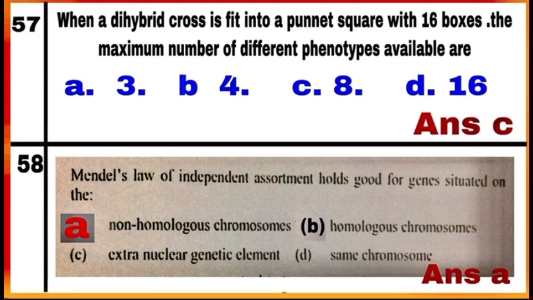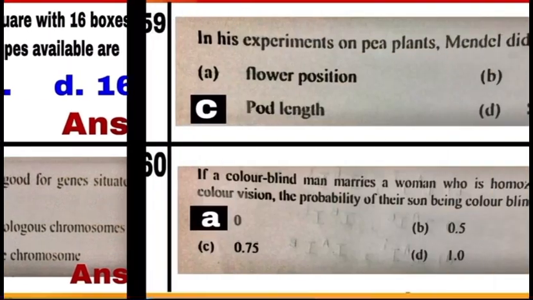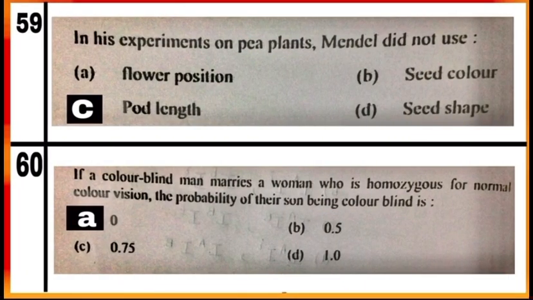Question 58. Mendel's law of independent assortment holds good for genes situated on the non-homologous chromosomes. So here mark A as a correct answer. Question 59. In his experiments on pea plants, Mendel did not use pod length.